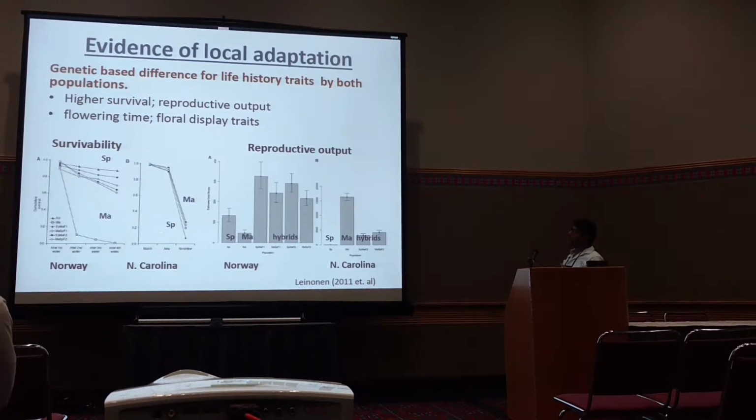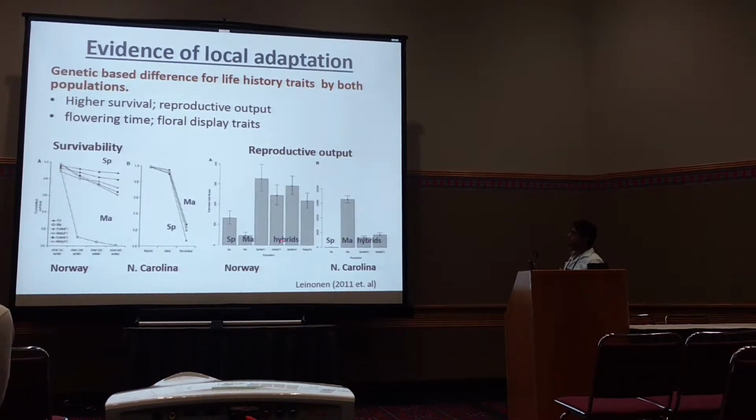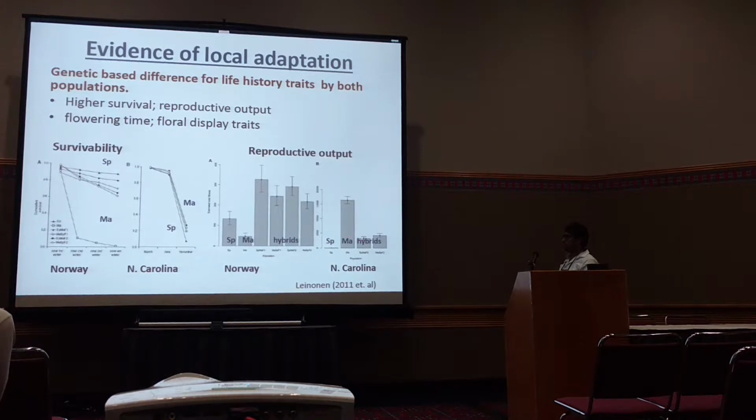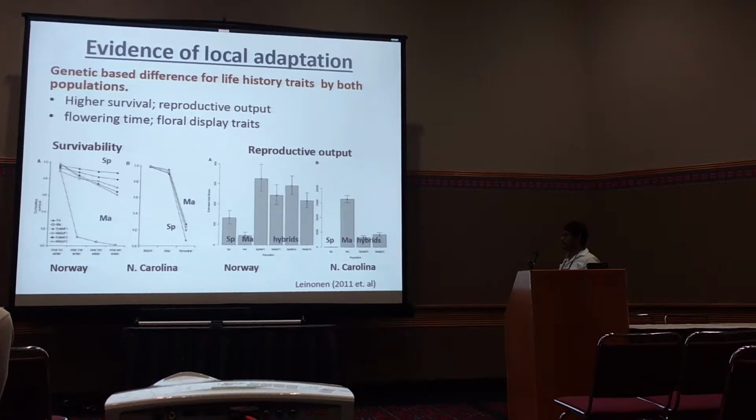But in the North Carolina environment, both populations have lower survivability. In terms of reproductive output, in the Norway environment both populations have lower reproductive output, but in the North Carolina environment the native population has a higher reproductive output. So this shows there is a very strong genetic basis and a genotype by environment interaction happening.